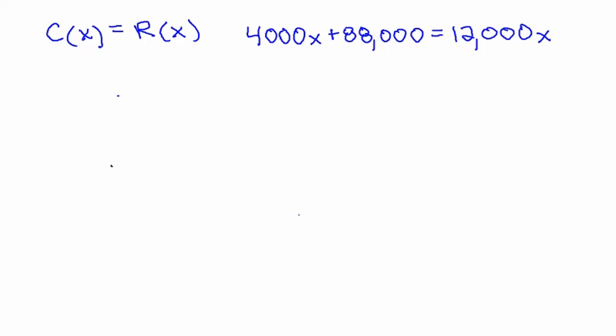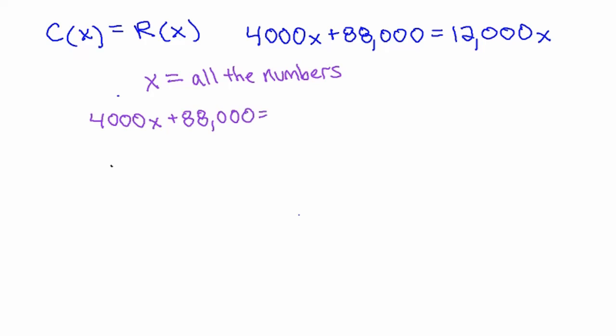So what we want to do is get x on one side of the equal sign and all the rest of the numbers on the other side. So if we have 4,000x plus 88,000 equals 12,000x, first, let's get all of the x's on one side of the equal sign.